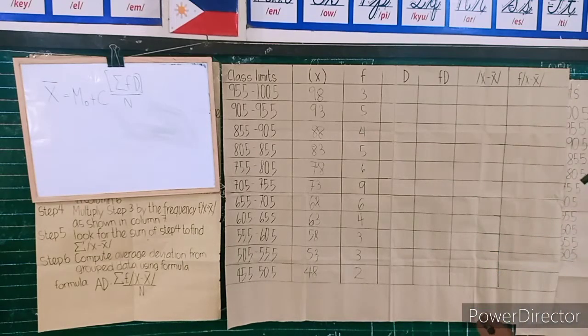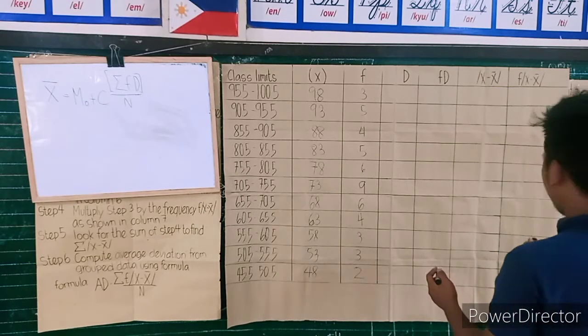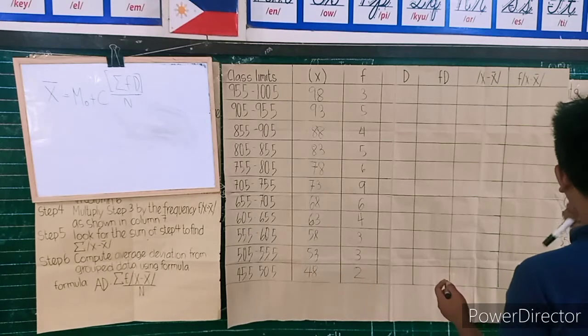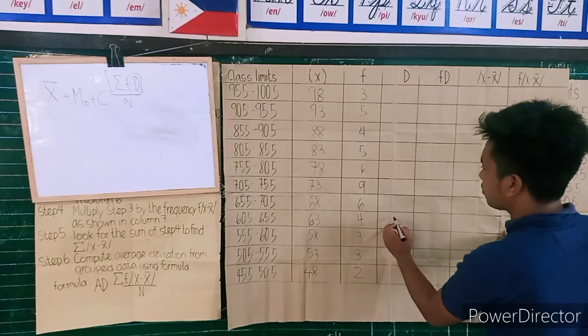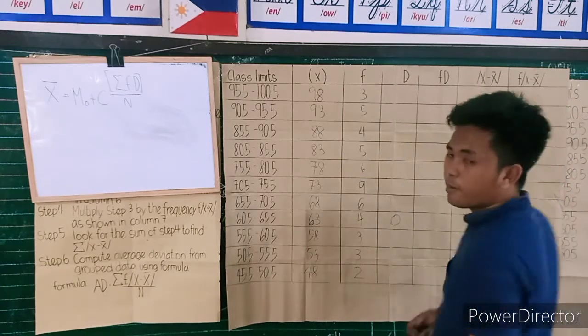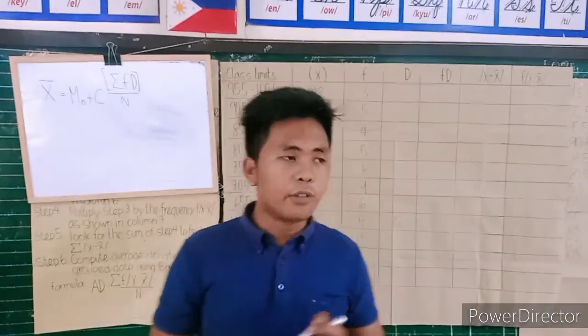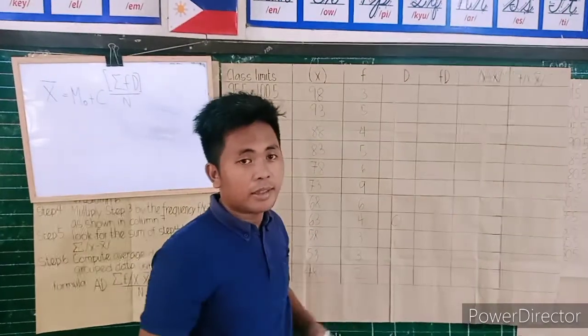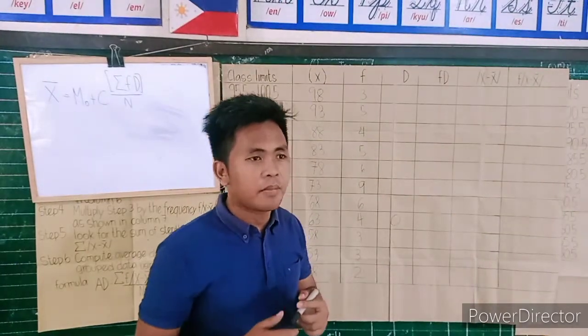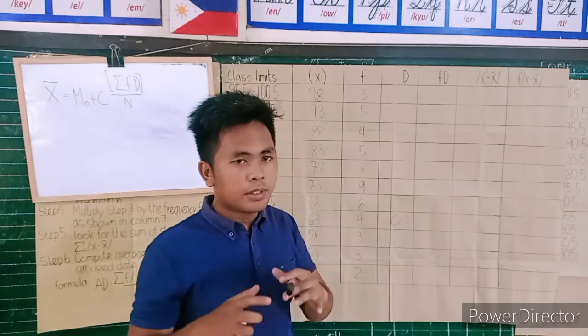I put the zero in the class 60.5 to 65.5. Remember, above zero is all positive and below zero is negative.